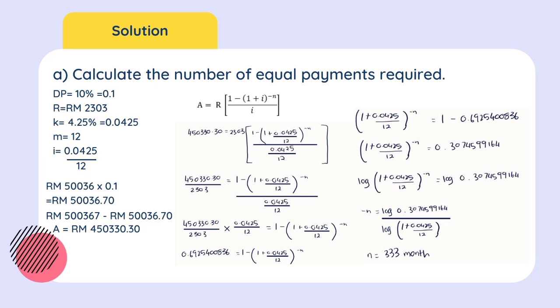Next, A per R multiplied by i, which is 450,330.30 per 2,303 multiplied by 0.0425 per 12, equal to 1 minus bracket 1 plus 0.0425 per 12 bracket negative n.